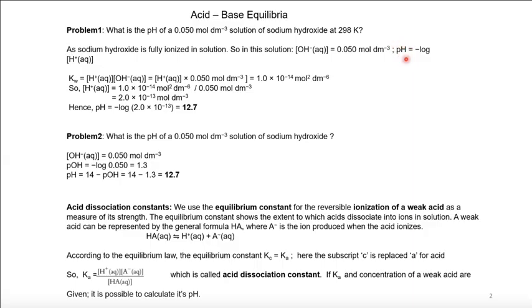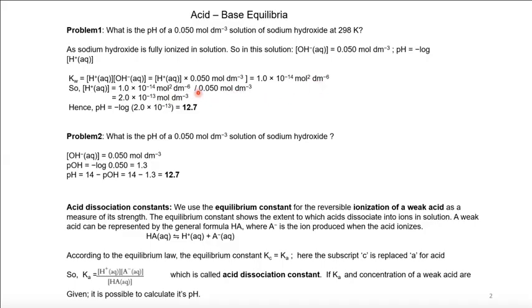What is pH? I said earlier, it is minus the base-10 logarithm of the hydrogen ion concentration. What about the ionic product of water? We also discussed that: it is the hydrogen ion concentration times the hydroxyl ion concentration. We have the hydroxyl ion concentration 0.05 molar, and the product of these two should be 1.0 × 10^-14 mol² dm^-6.